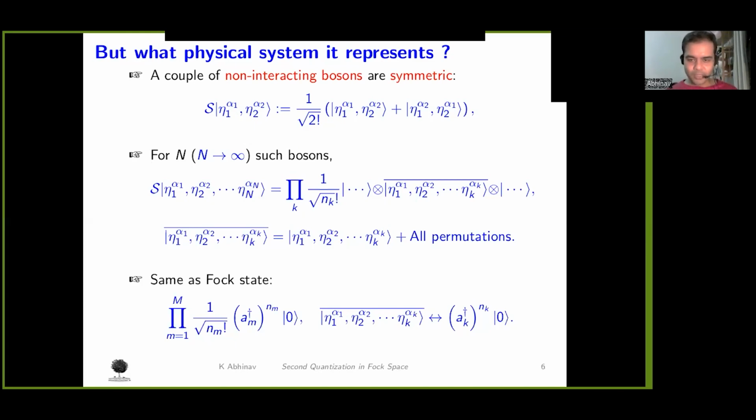So there is a correspondence between these nk particles in the Fock space in the kth state and this symmetrized bosonic state of k identical particles. So there is a one-to-one correspondence.